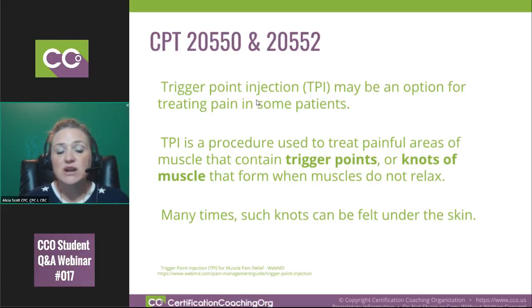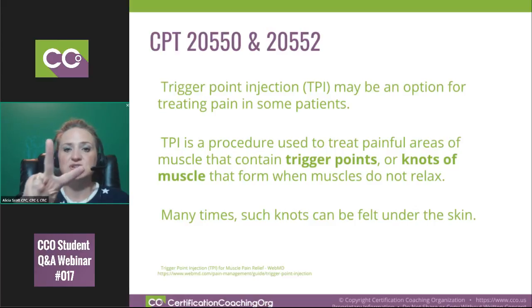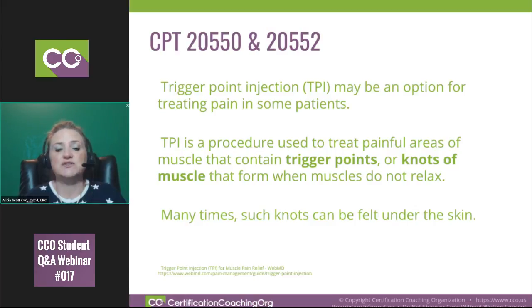When we look at trigger points, a trigger point injection is called TPI. It is used to treat pain that is also caused by repetitive movement. I always think of this with athletes. You can Google how they do it, but you'll always notice they put 2 fingers like this and then inject between the 2 fingers.